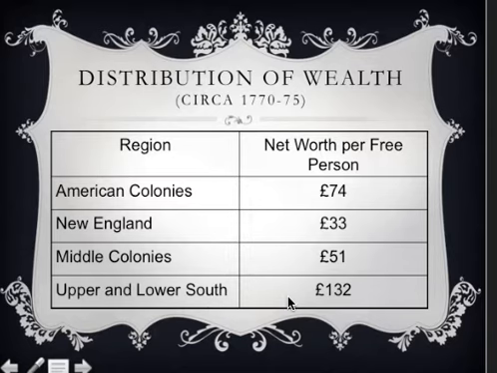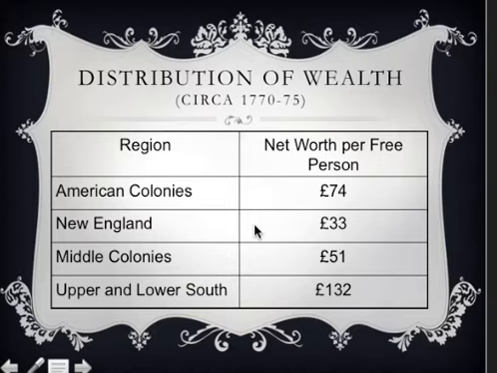All right, many people would argue that this is because of the slave labor system, that the presence of the slave labor system allowed there to be a concentration of wealth in the upper and lower South. I mean, if we look at the distribution of how important slavery was, it was least important in New England, slightly more important in the middle colonies, and the most important in the South. And if you follow that, you can see that the least wealthy is New England, and then we see an increase in wealth when we go to the middle colonies, and then we see the wealthiest part of the colonies being the upper and the lower South.